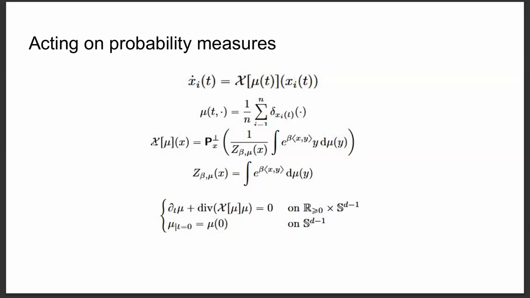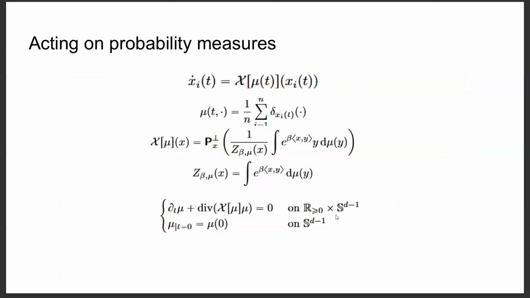For general action, for any measure mu, you might consider this functional, with Z equal to this integral. So you just act on your measures in this way.